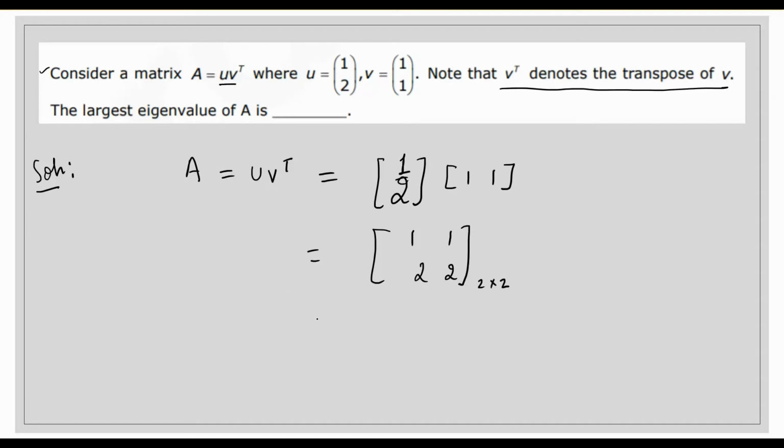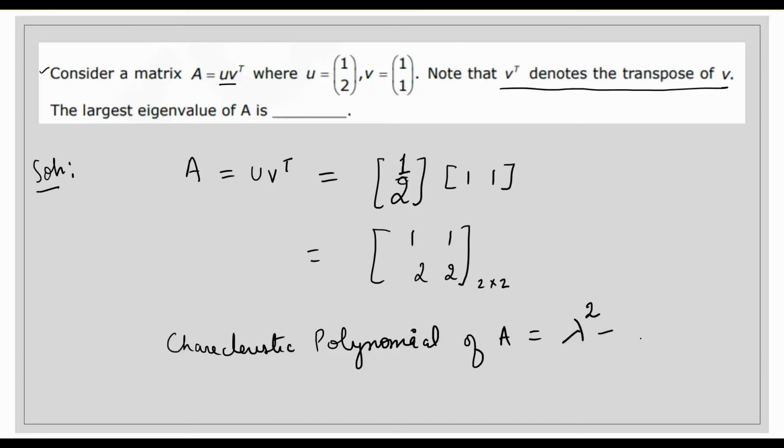Now you already know how to find the characteristic polynomial of matrix A. As it is a 2 cross 2 matrix, the characteristic polynomial of A will be lambda square minus trace of A into lambda plus determinant of A equal to 0. Or you can also find the characteristic polynomial by finding the determinant of this matrix. I am just using the shortcut way.